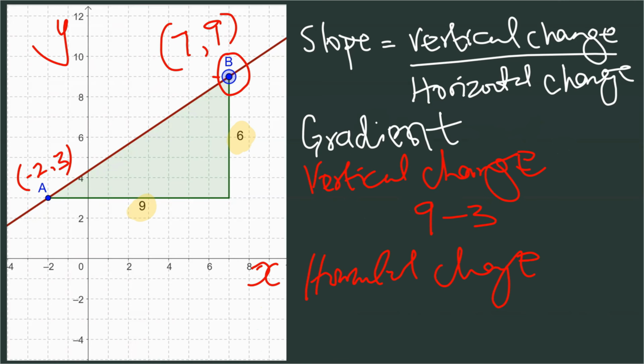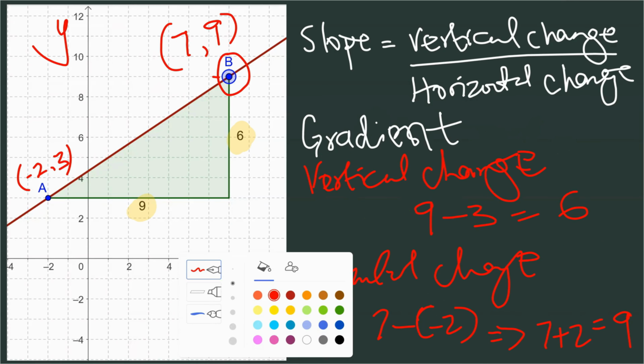The change in x in this case is 7 minus -2. When you minus a minus, you get a plus. So that's why you got 7 plus 2, which gives us 9. You can see 9 minus 3 is 6.